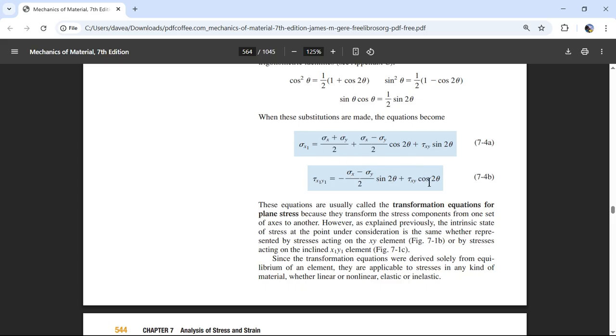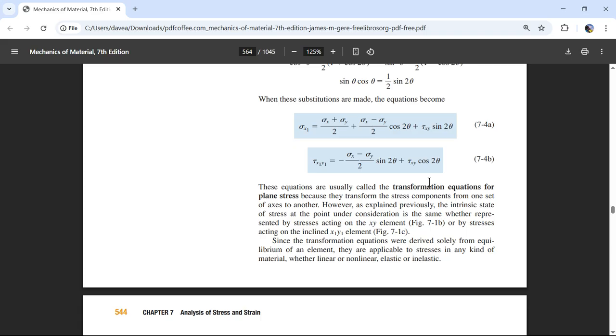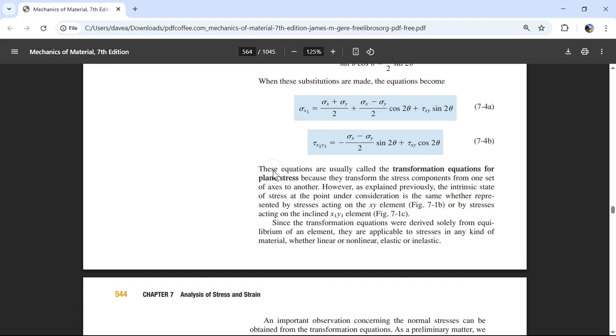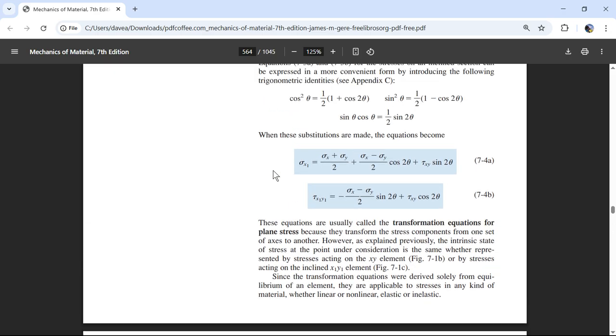I guess you just trust them and you make sure you don't mess up a sign change. We'll see if we do it in this video, because a lot of these problems are going to be asking for these stresses at a particular angle. And it would be nice to even just have a hunch if it was negative or positive, right? And so we can even look at that if we wanted to.